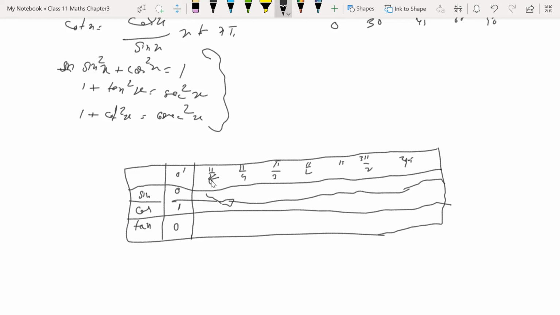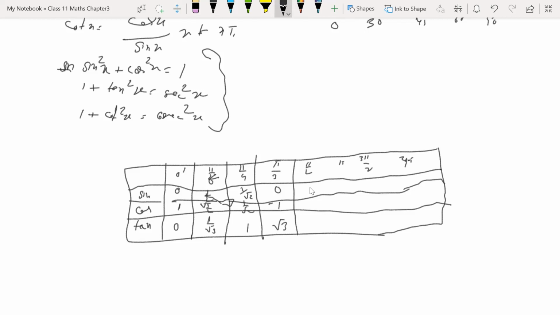At pi/6, it is 1/2, √3/2, and 1/√3. You have studied this in your earlier classes also. At pi/4: 1/√2, 1/√2, 1. At pi/3, which means 60 degree, sine is √3/2, cos is 1/2, and tangent is √3.